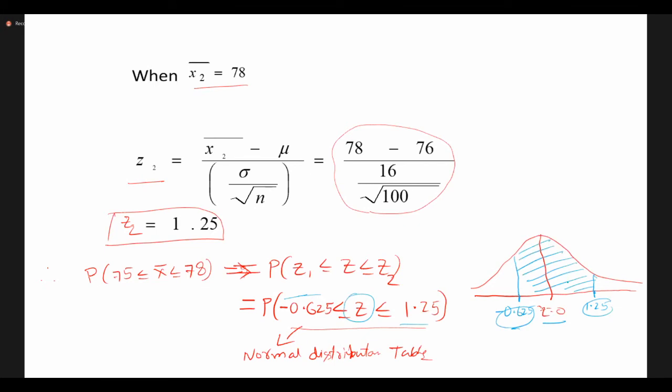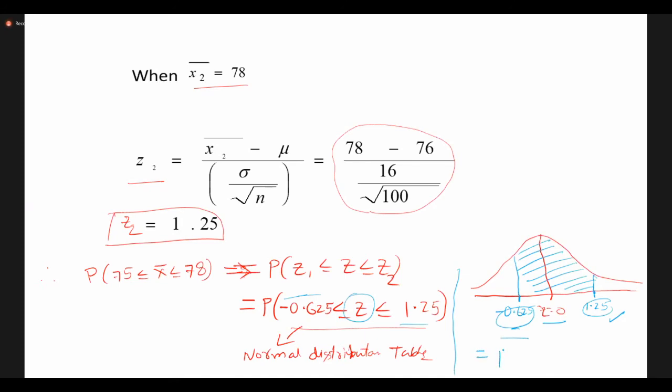Using the normal distribution table, you can get the area under the curve up to a point. First we find the area up to this point minus the area up to this point, and you get the shaded area.